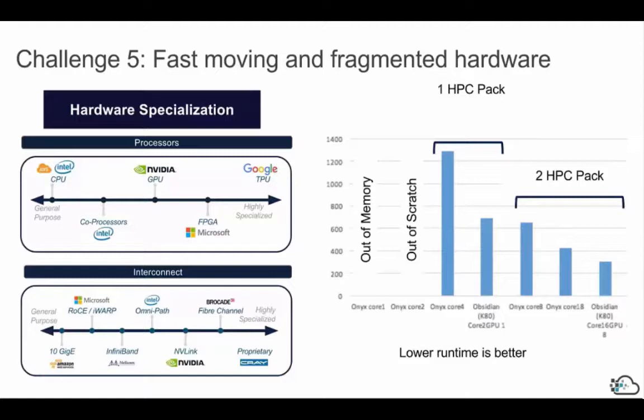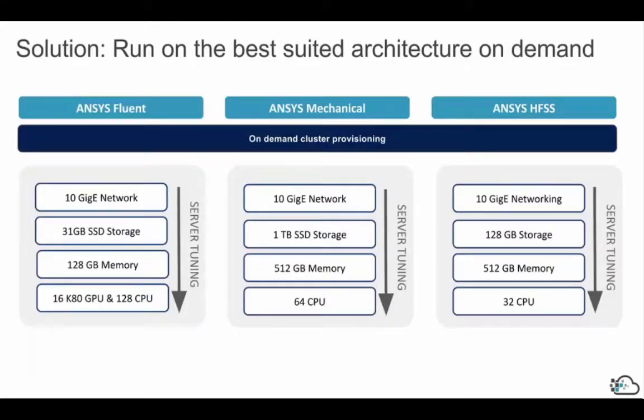With the cloud, we give you immediate access to all those architectures. So you can run a CPU simulation today, and you can run a GPU simulation the next day. And you can guarantee to always use the best architecture based on the simulation you're interested in. Just to give you an example, perhaps you're running ANSYS Fluent, where you want to try the new GPU acceleration, so you want to choose a core type with GPUs.